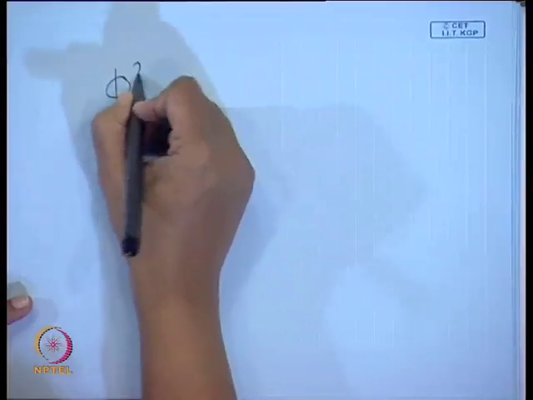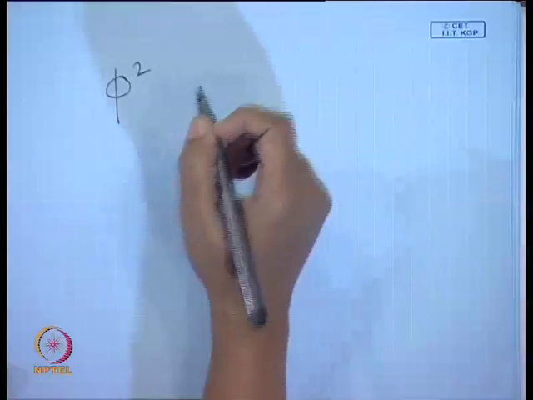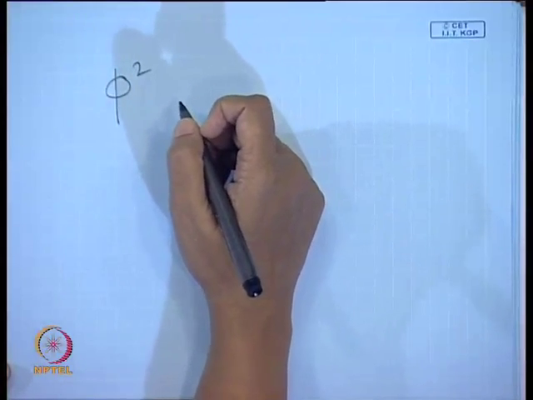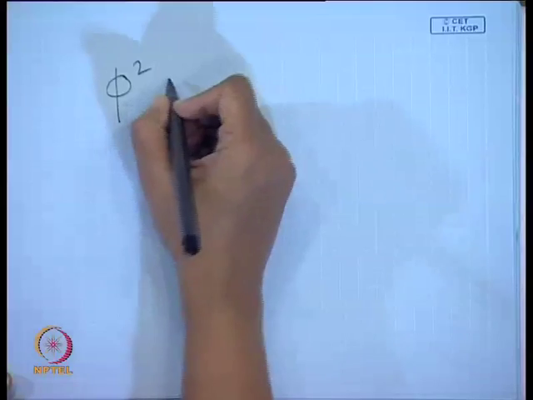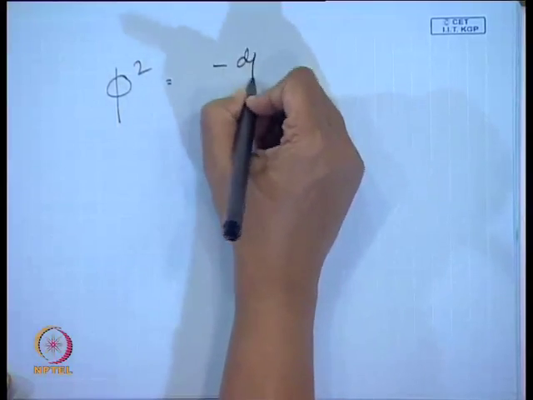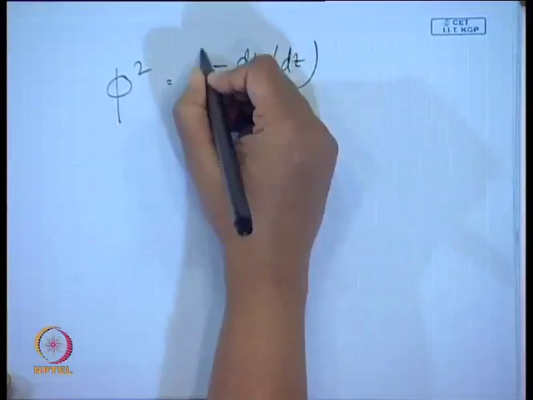One is by a suitable definition of the friction factor, and the other is by a suitable definition of the correction factors. Now, these correction factors are defined in terms of phi square. These are known as two phase multipliers, and they simply relate the two phase frictional pressure gradient dP/dz frictional.